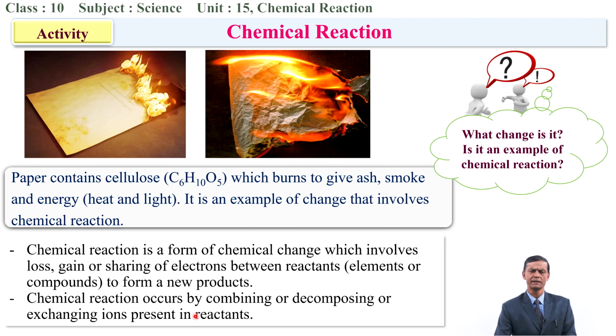So chemical reaction occurs by combining or decomposing or exchanging the ions, combination of the substances, decomposition of the substances or exchanging ions present in the reactants, isn't it? So this is the phenomenon of chemical reaction which occurs in different places in our surroundings.